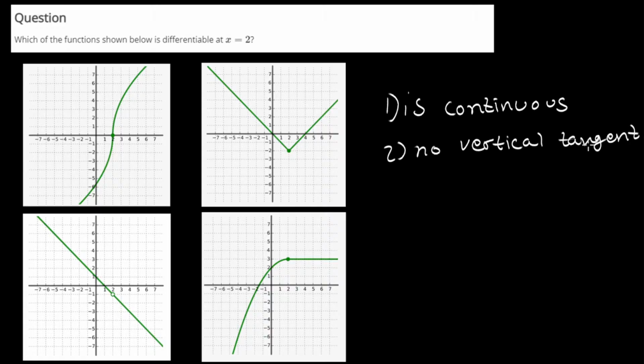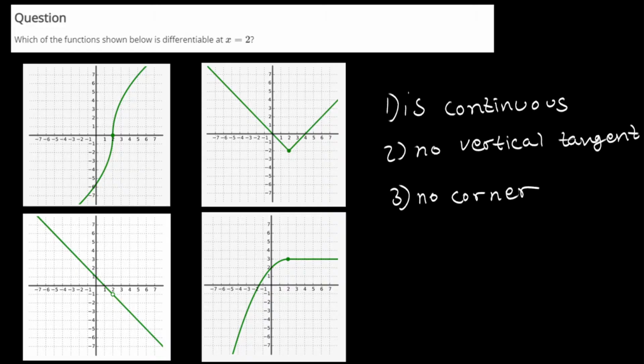It can't have a vertical tangent at that point. And last but not least, no corner. So it has to be continuous, it has to not have a vertical tangent, and it has to not have a corner in order for it to be differentiable at that point. So let's look at some examples.